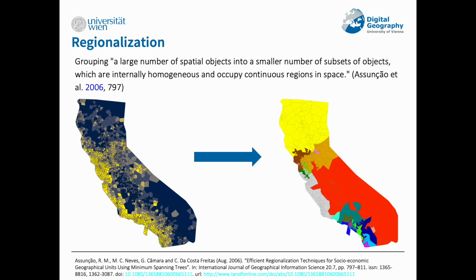It is often used by policymakers and spatial planners as it allows the grouping of administrative units of various scales into bigger regions. Applying policies to those regions instead of many smaller ones is an efficiency enhancement. In the example on the slide, 23 regions of similar housing prices have been created from the dataset on the left-hand side.